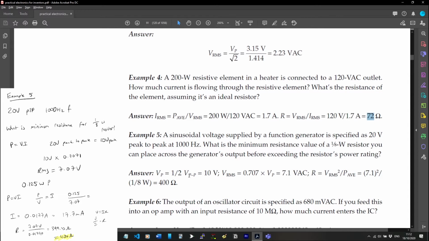What is the minimum resistance? Wow, we're talking about resistance. What is the minimum resistance value of a 1/8 watt resistor you can place across the generator's output before exceeding the resistor's power rating?